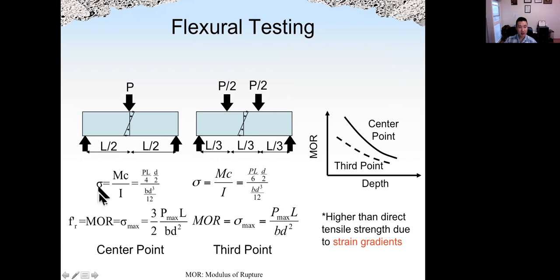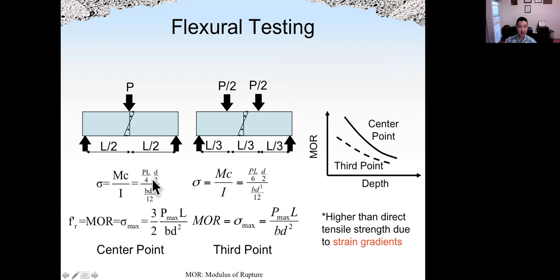Here shows the stress level of sigma. Okay, M is the moment. Okay. C is the distance between the neutral point, which is the middle part of the beam, to the point of interest, because along the cross section, the stress level is different.